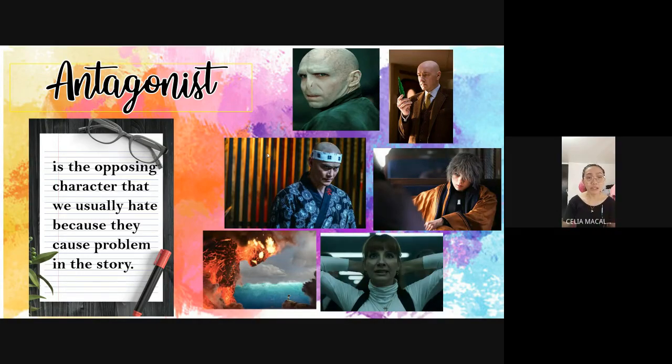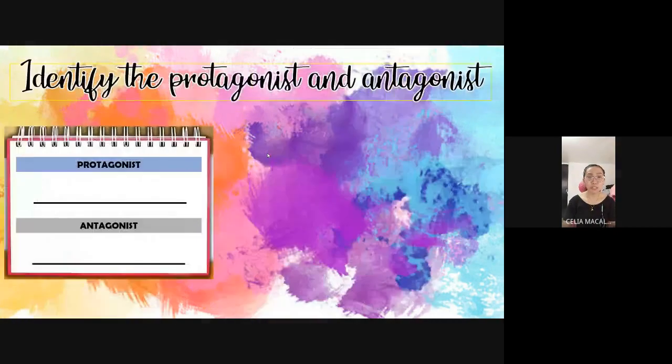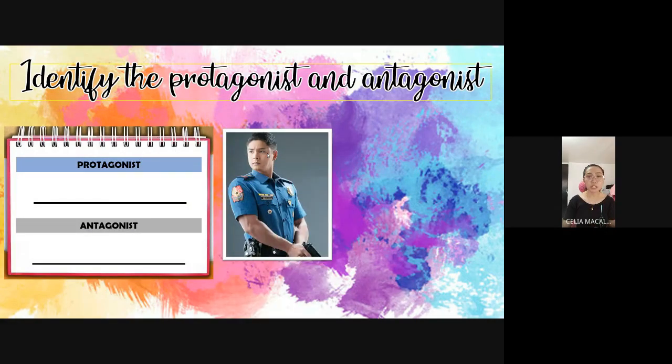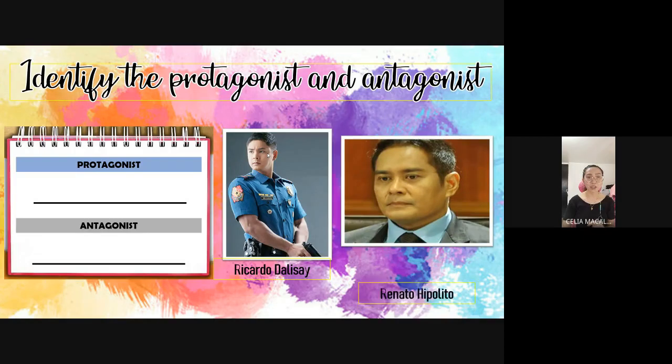Okay, now that we have figured out what is a protagonist and antagonist, let us try if you can identify who is the protagonist and the antagonist in the given picture. So first one we have here, that is very good, Ricardo Dalisay and Renato Hipolito of Ang Probinsyano.